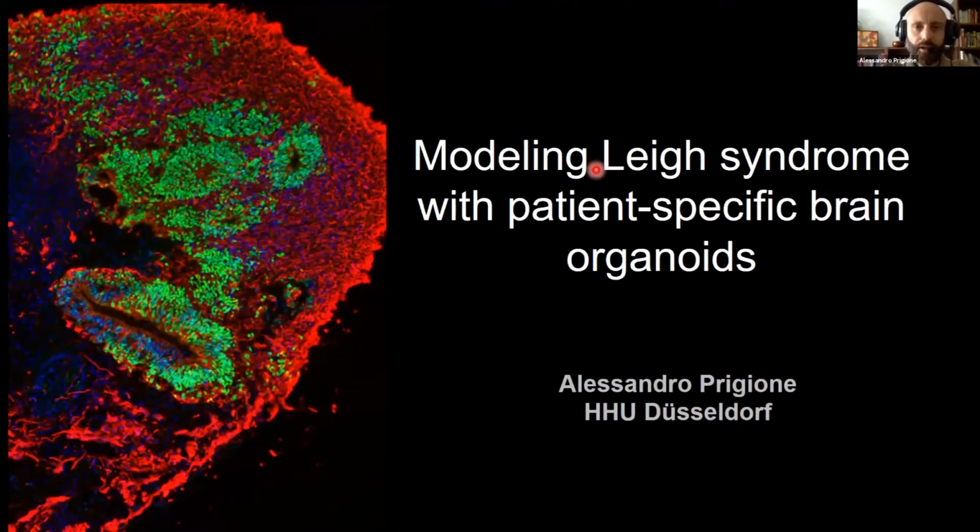I will be talking about how we model Leigh syndrome in my lab in Düsseldorf, Germany, using induced pluripotent stem cells and derived neuronal cells and organoids, an image of which you can see on this side.